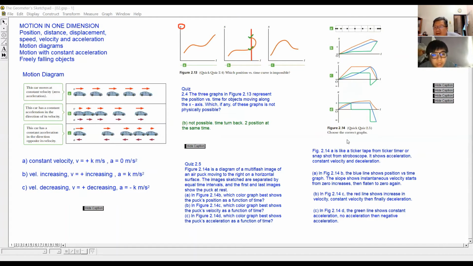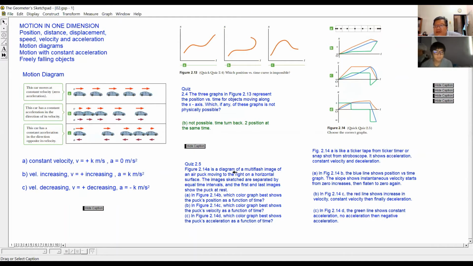In B, which color graph best shows the puck velocity as a function of time? In C, which color graph best shows the puck's acceleration as a function of time? Now, we talk about this diagram here, the part A of the diagram, not part A of the question.